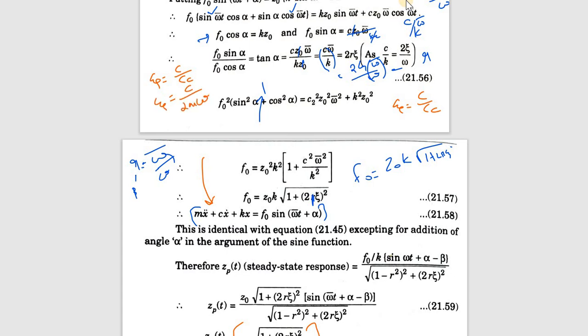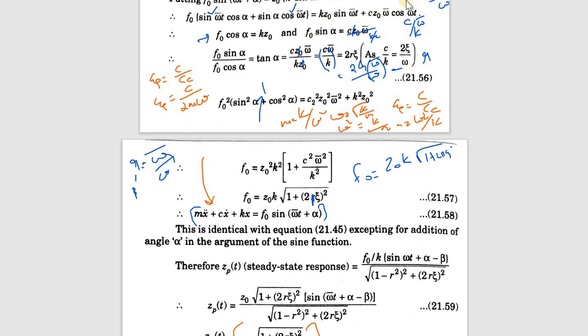Now instead of m, since I am not having any m term here, I am changing it. What is omega? Omega is equal to root of k by m. So omega square is equal to k by m, so m is equal to k by omega square.